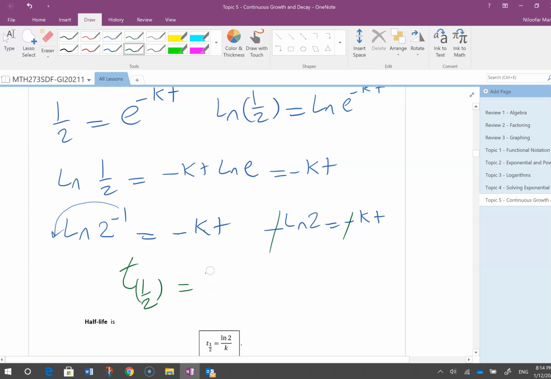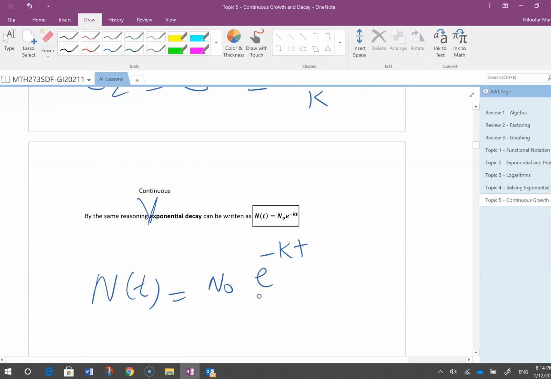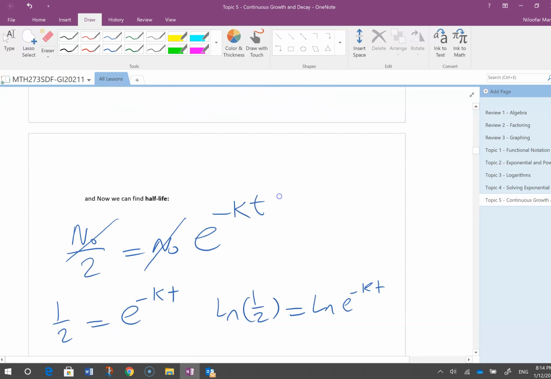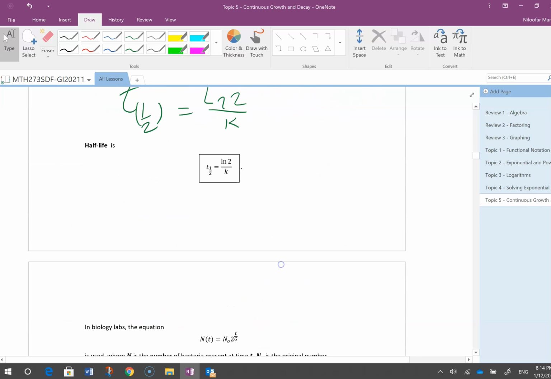It is the same thing as here: ln 2 divided by k, ln 2 divided by k. Perfect. So doubling period or half-life, both are the same, and it is ln 2 divided by k. Good, so I found that.